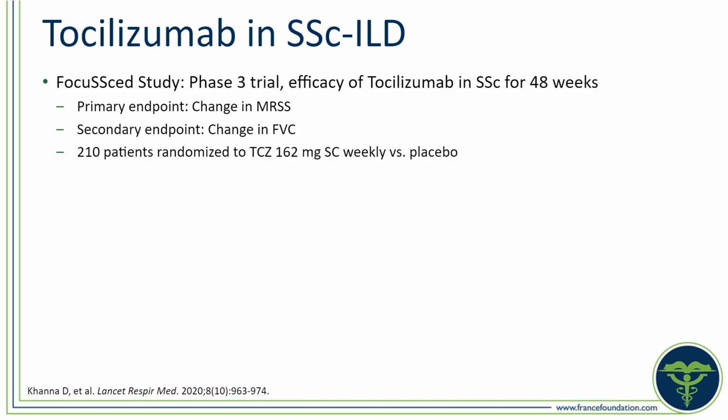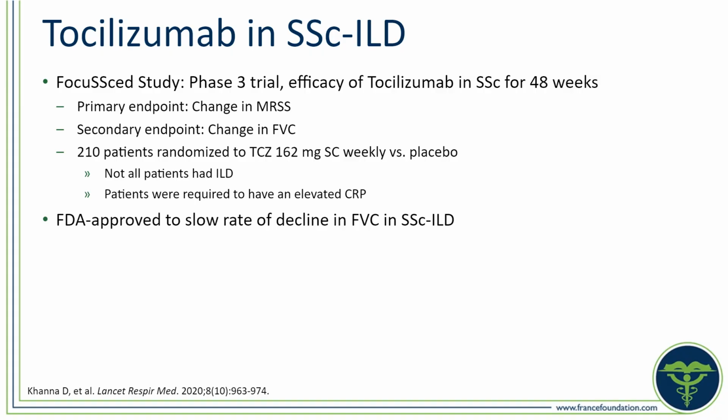It's important to note that in this study, not all patients had ILD, and patients were also required to have an elevated CRP level. The FDA approved tocilizumab to slow the rate of decline in FVC in ILD. And one thing to note is tocilizumab is not approved for skin.